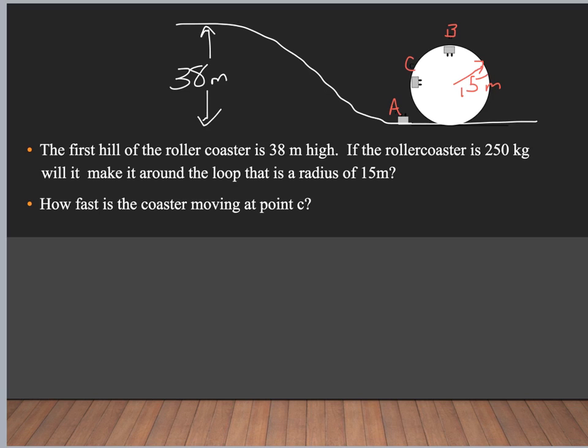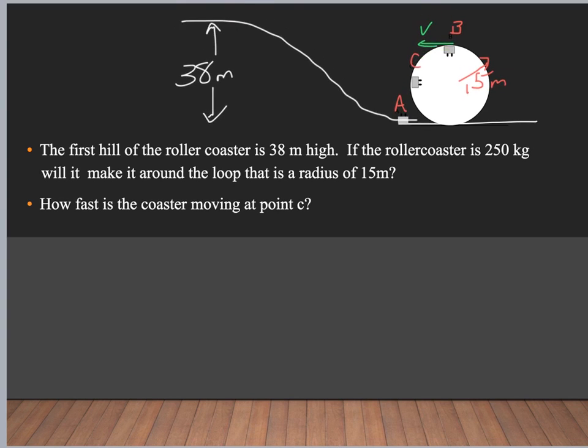Okay, in order to make it around the loop, the roller coaster has to be moving at this point. And if we're checking to make sure that it actually makes it around the loop, we would have to know the minimum speed needed to go around that loop. So we're going to bring in our circular motion into this.